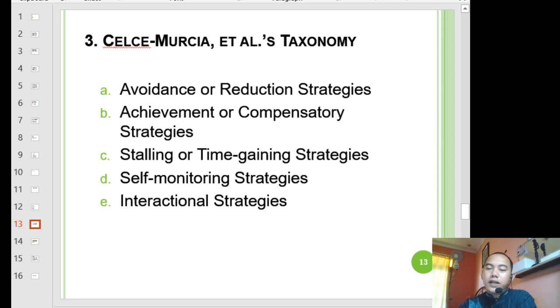And then the comprehension checks: whether the interlocutor can follow you, whether what you said was correct or grammatical, whether the interlocutor is listening, or whether the interlocutor can hear you.